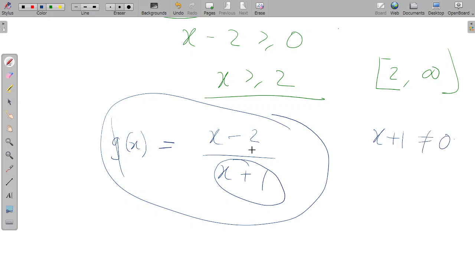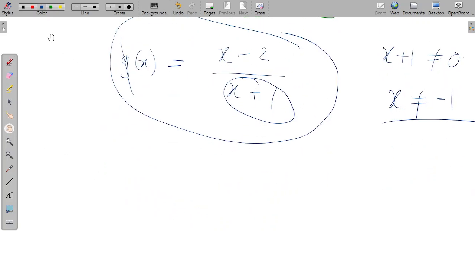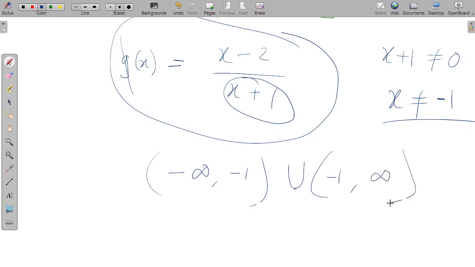The domain of this g of x will be where x is not equal to negative 1, that is, negative infinity to negative 1 union negative 1 to positive infinity.